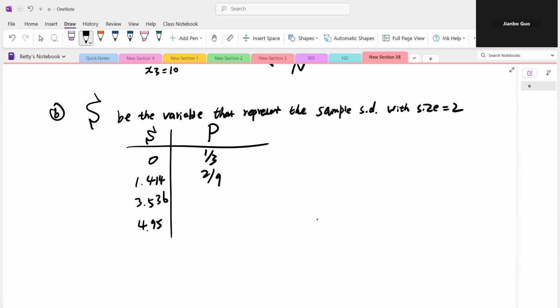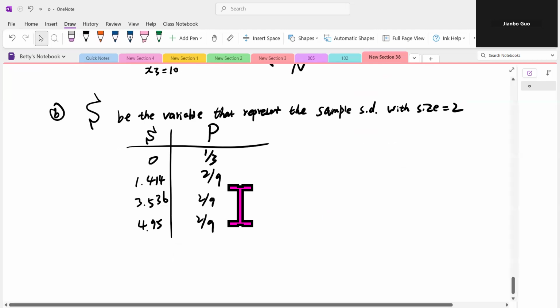Same with the pink and the blue. This is the probability distribution table for the random variable S, which represents the sample standard deviation of samples of size 2 from the given population. I know it's a very long sentence, right?